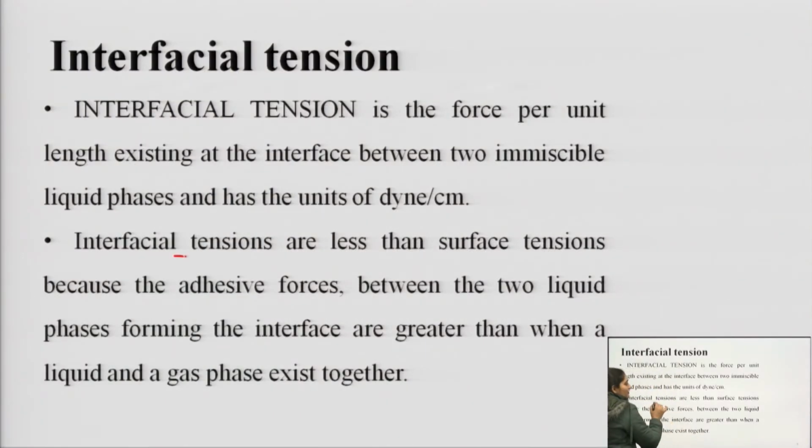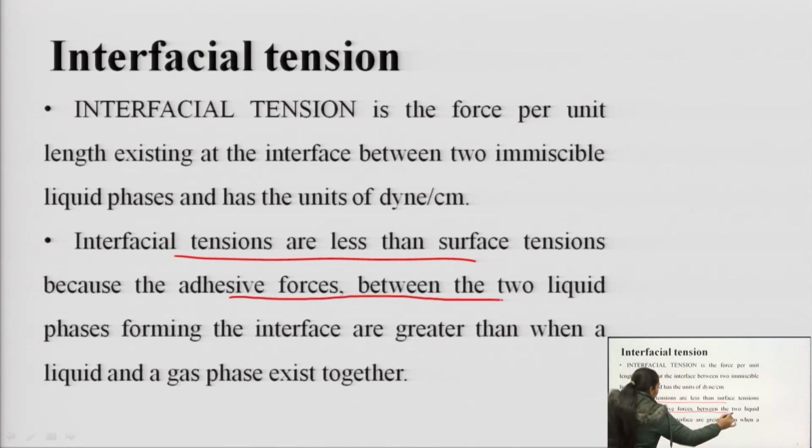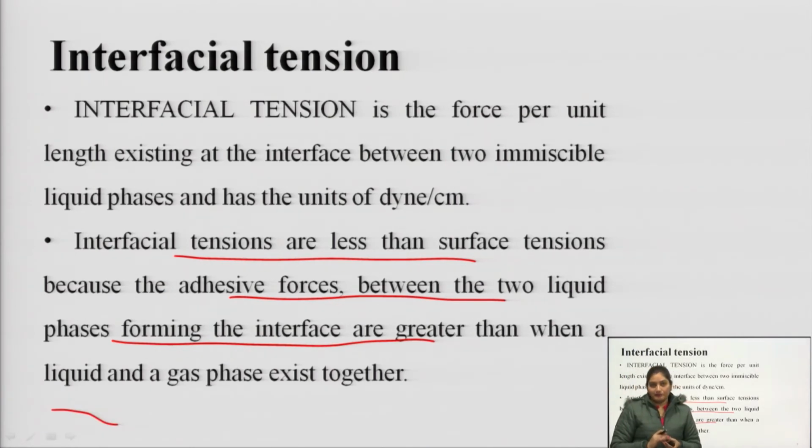So, interfacial tension is less than the surface tension because of the adhesive forces that exist between the two liquid phases forming the interface, which are greater than those between the liquid and gas phases.